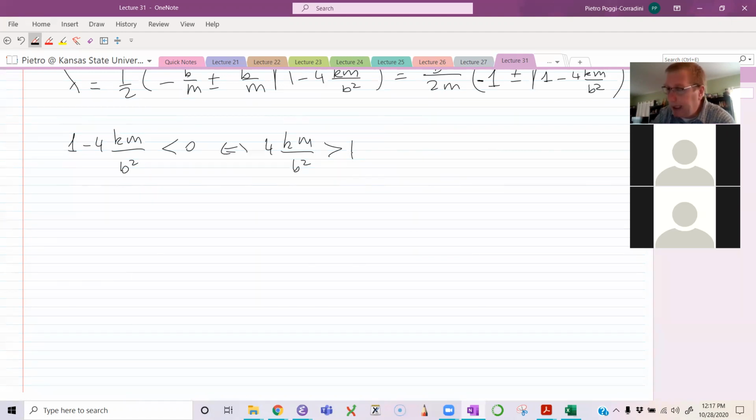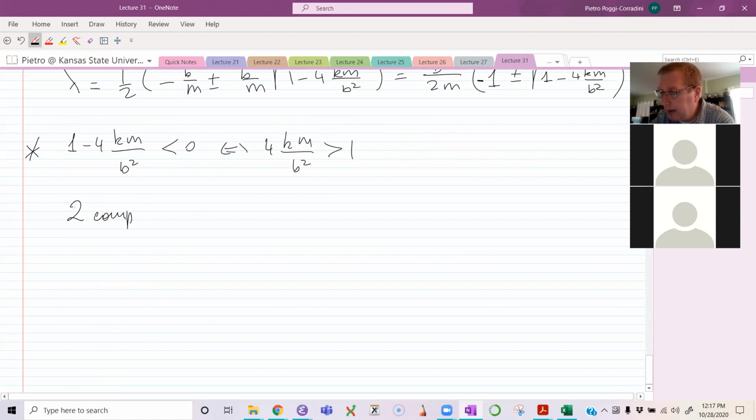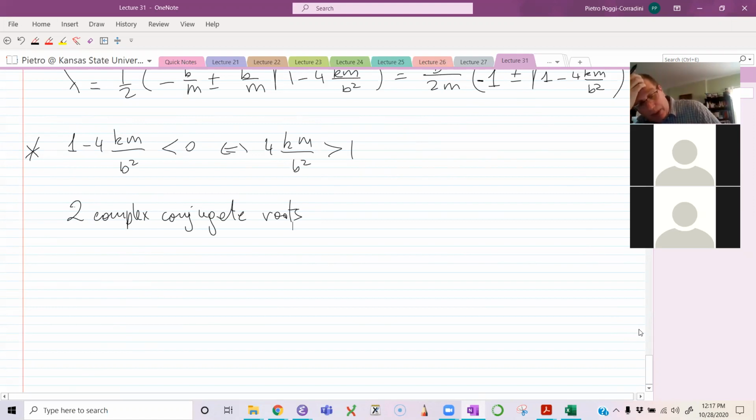And in that case, we get two complex conjugates, because the imaginary unit comes out of the square root, and then there's a real part.